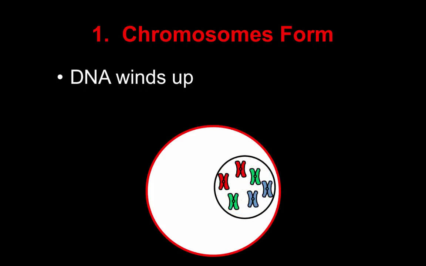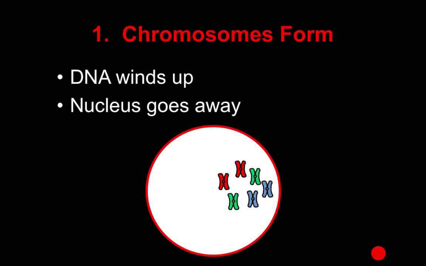The DNA is going to wind up, and I think of this like if you have a whole pile of ropes, you go in and find each individual rope and wind it up nicely so that you can separate it and move it around easily. So here we have our chromosomes. And the nucleus is going to go away because we're going to need to be able to separate these chromosomes.